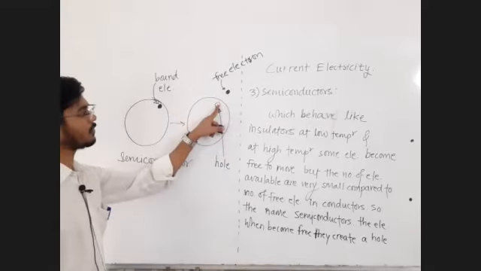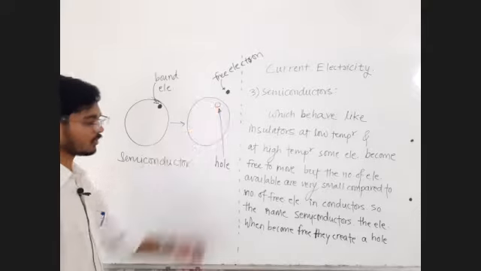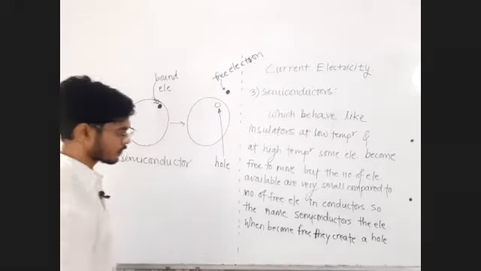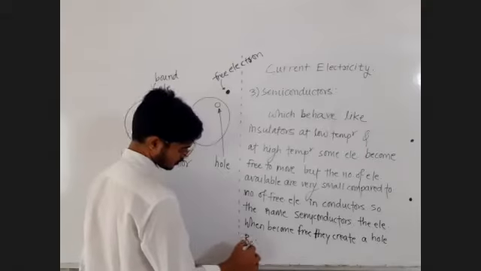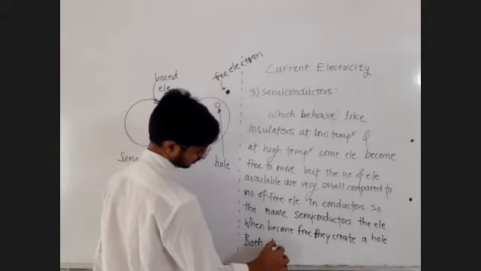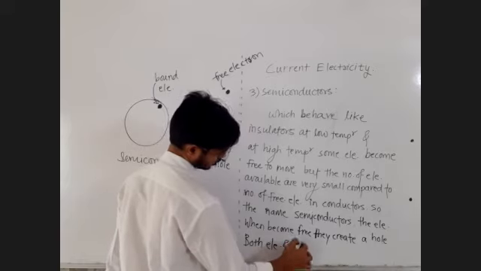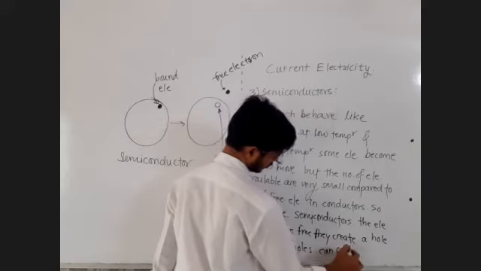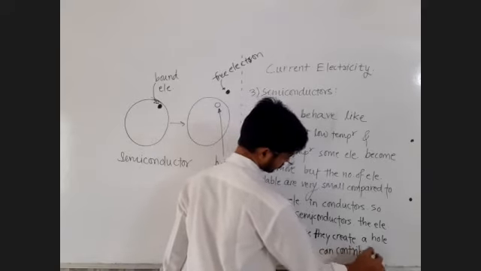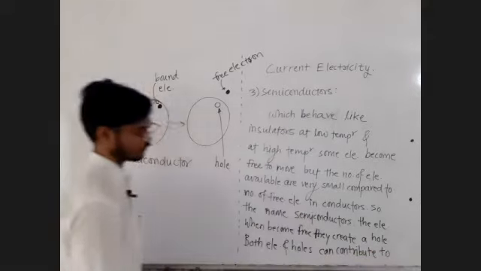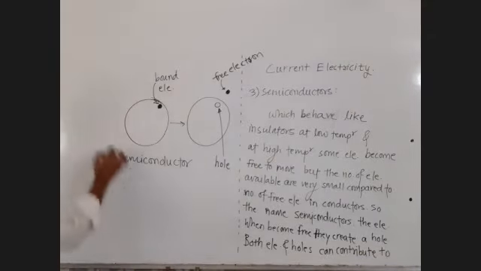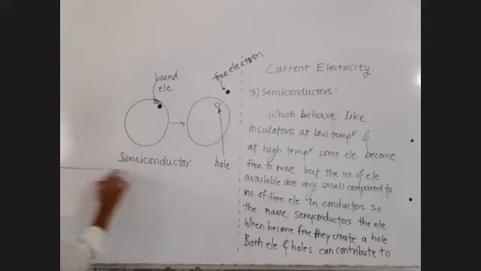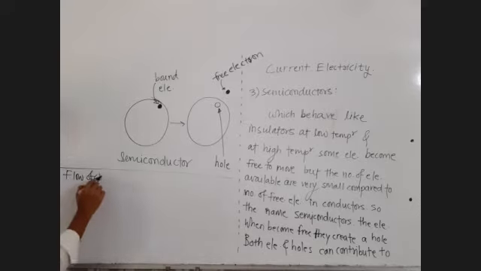So at this point there will be a vacancy of electron, an absence of electron, that will create a hole. Both electrons and holes can contribute to flow of charges, or simply flow of charge. Flow of charge means current.